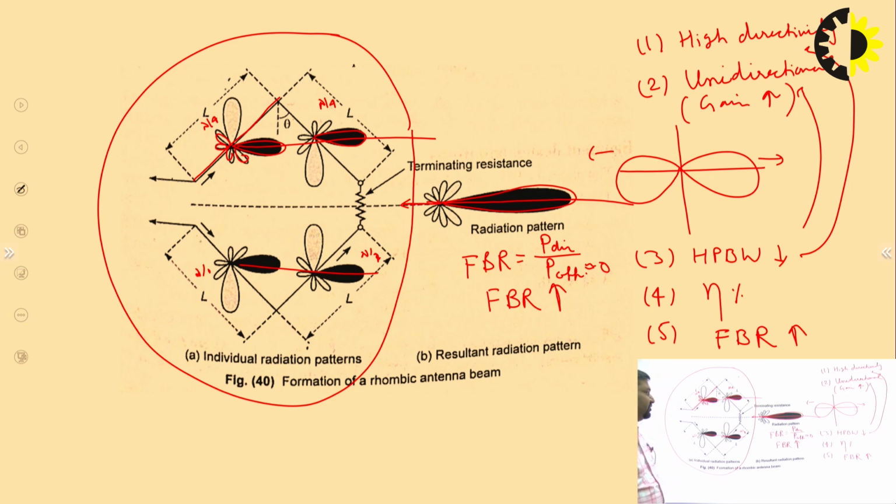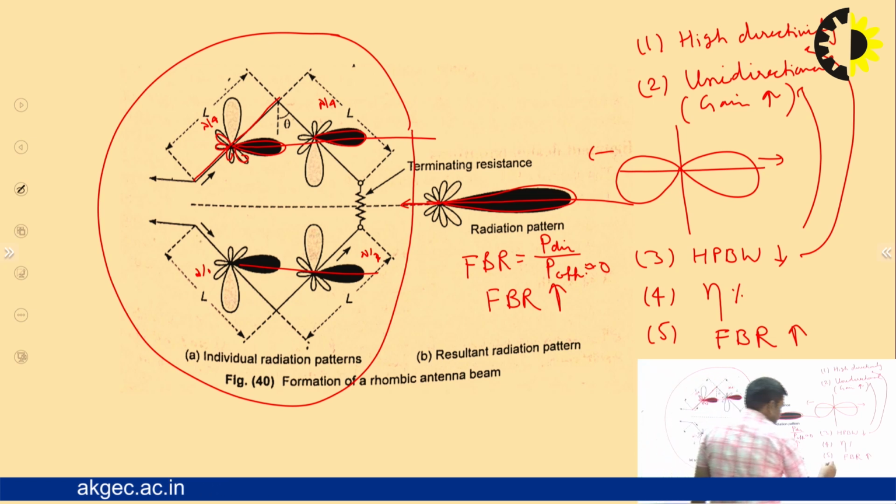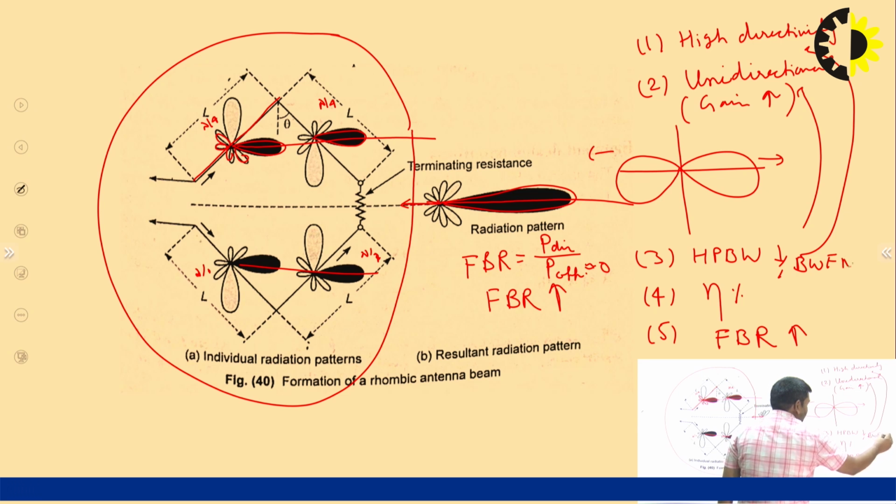This is the salient feature of the rhombic antenna. A rhombic antenna is used to design a unidirectional antenna with high directivity and gain, high efficiency, high front to back ratio, and low half power beamwidth, or BWFN, that means beamwidth between first nulls.